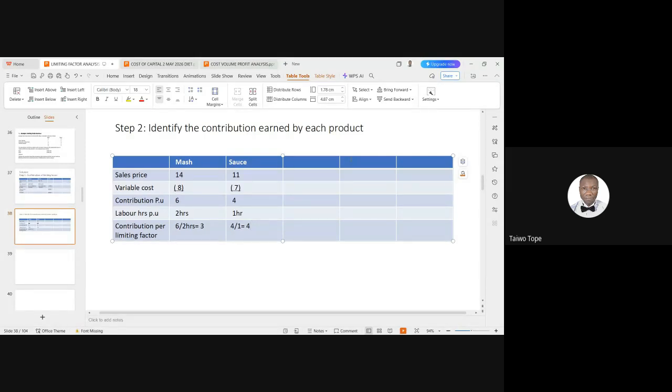Any question? No. So what will be the next step now? Ranking.